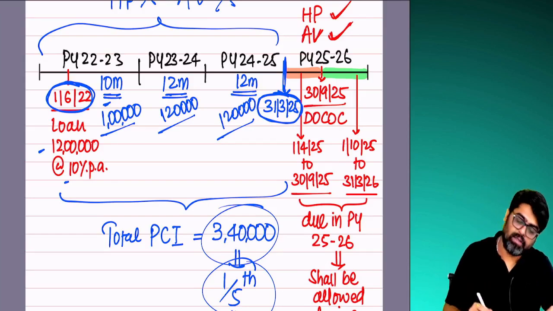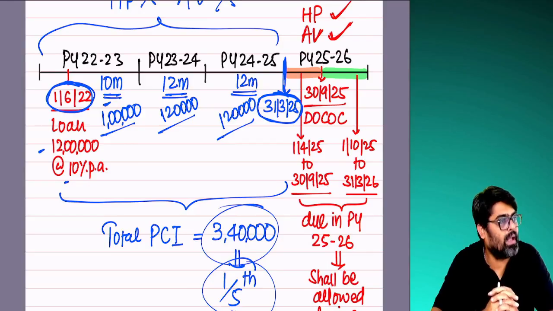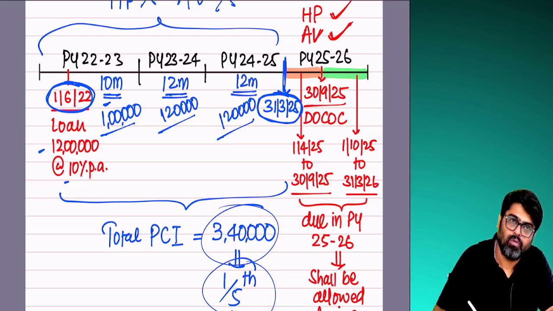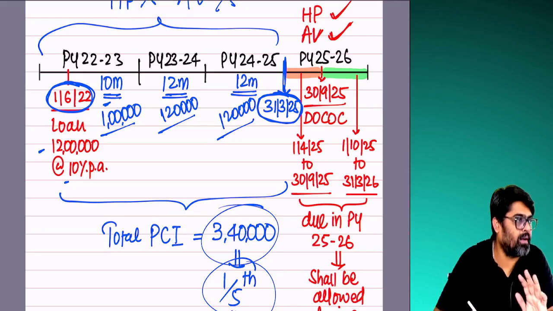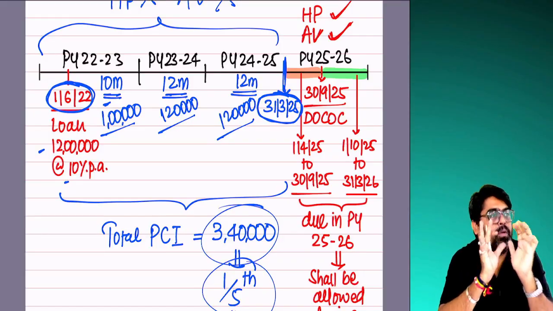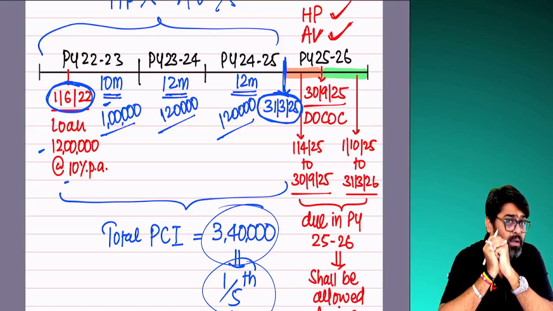So now pay attention. How much loan you had taken? 12 lakh you have taken. Out of this 12 lakh, you have repaid 10 lakhs. Possible, not possible? Now I will tell you the date also. I will tell you how much you have repaid.